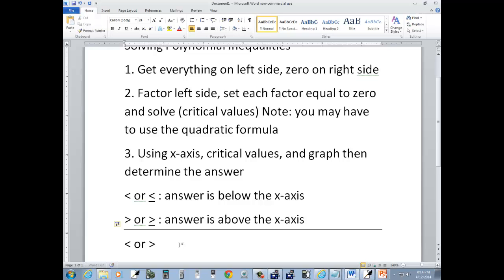If you got less than or greater than, you're going to use parentheses. If you got less than or equal to or greater than or equal to, then you're going to use brackets.